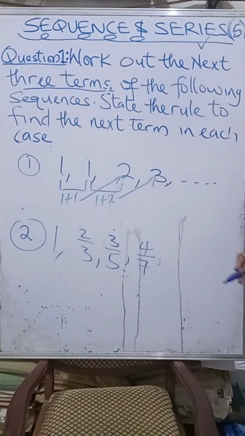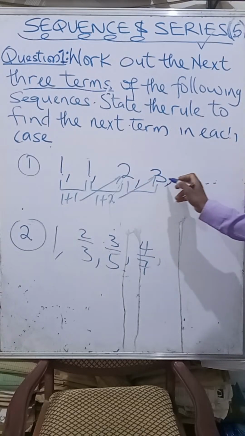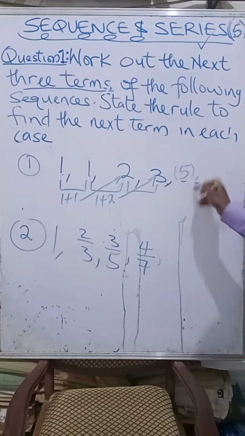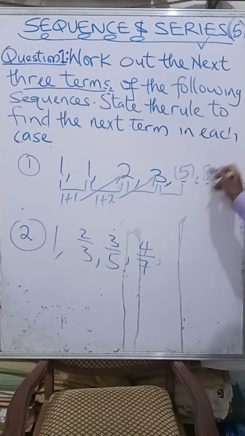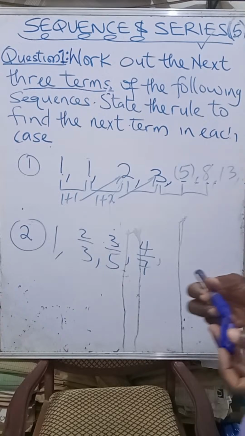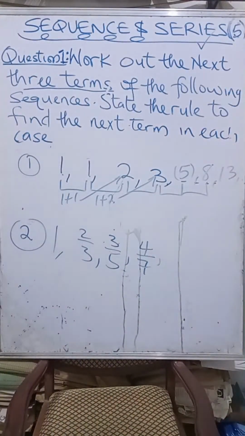1, 1, 2, 3. So what they did is to add the first term plus the second term, add the 2 terms together. So that's 1 plus 1. We generate this one. These 2 together, 1 plus 2, you generate this one. So for me to get the next term, it's going to be 2 plus 3, which will be 5. Again 3 plus 5, that will be 8. And again 5 plus 8, that's 13. So that's how we got the terms.